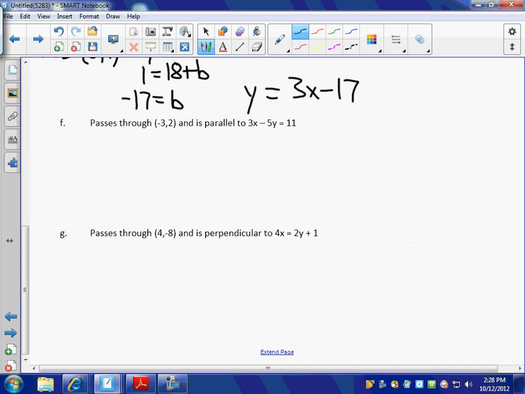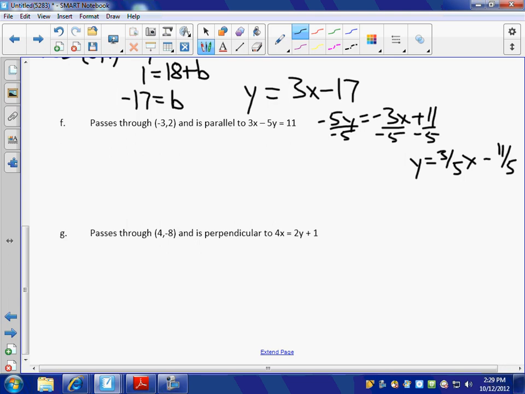Okay, let's check it out. How'd you find the slope? Solve for y. So you got negative 5y is equal to negative 3x plus 11. Divide by negative 5. So you got y is equal to 3 over 5x minus 11 over 5. So it looks like the slope is equal to 3/5, and the point on the line is negative 3, 2.